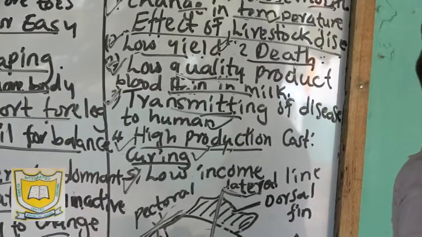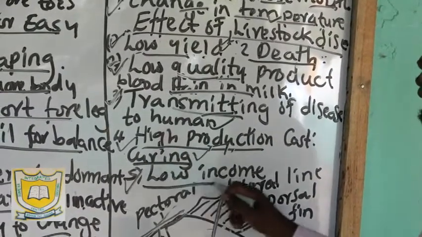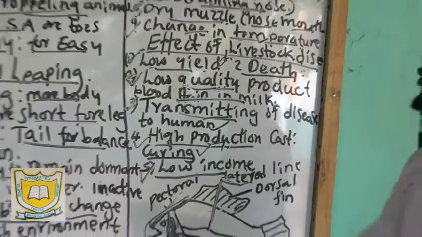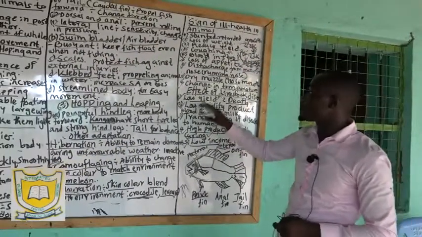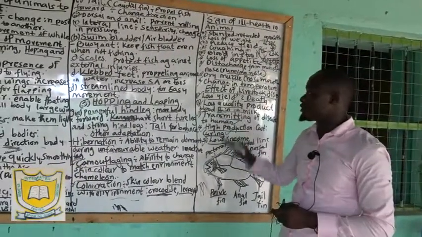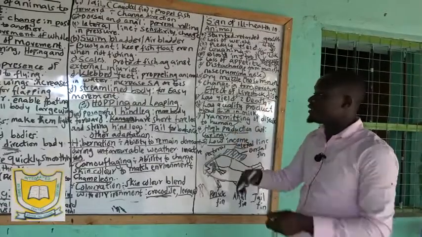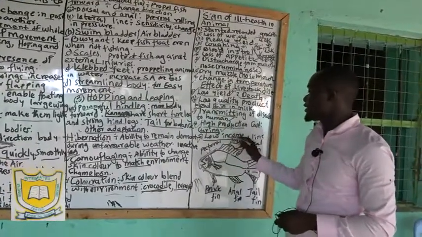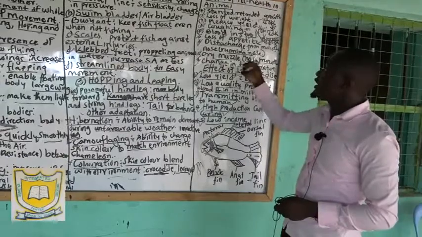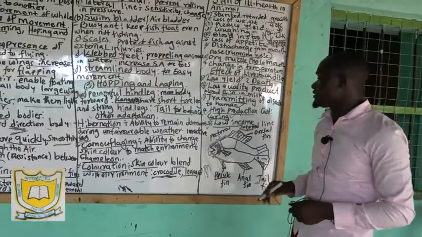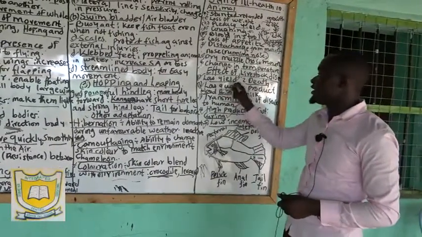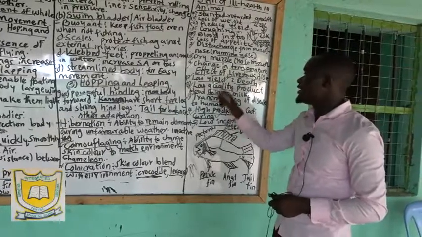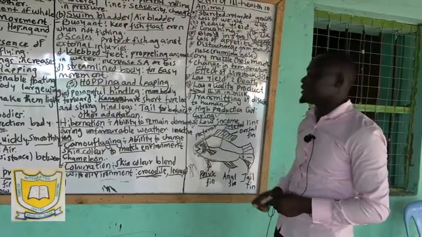Number five, which is the last one, we are going to talk about the low income. If your stable income was from these livestock, for example cows, you expect to have milk so that you can sell to obtain your income. But assume this animal has been affected by a certain disease. It means there is already a reduction in the yield. If we have a reduction in the yield, we also have a reduction in the income.